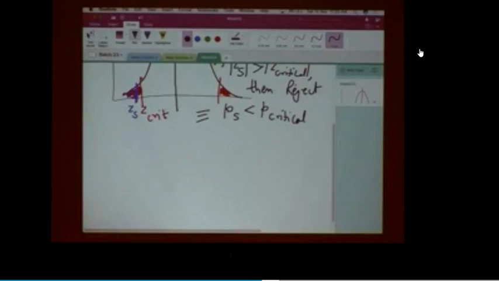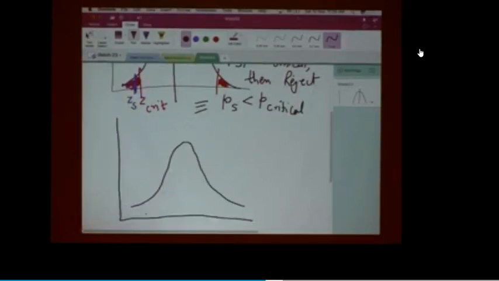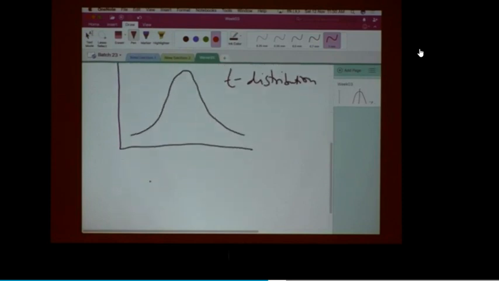So in T distribution, what was I doing? Same way, T distribution also. T distribution was, let's say, for small degrees of freedom, that was heavier tails. So tails are heavier. Now here also, I have drawn my critical T. Let's say critical T is somewhere here.